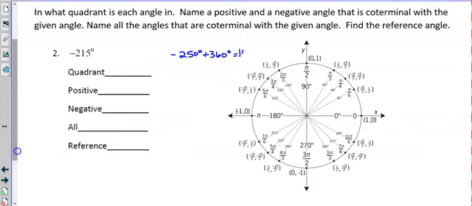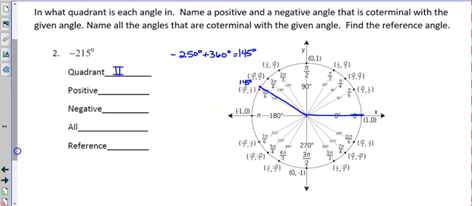So that's going to give me 145 degrees. I like that a little bit better. So now 145 degrees is going to be right in here somewhere. So it ends up actually being pretty similar to our first problem. Okay, so there's our angle. That's our 145 degree angle. So we once again end up in the second quadrant.